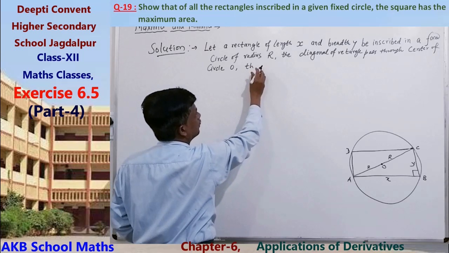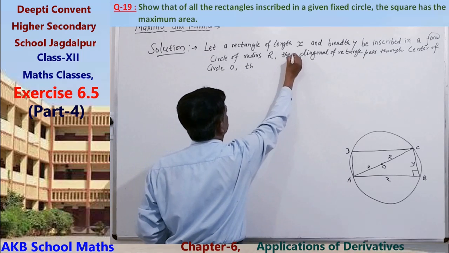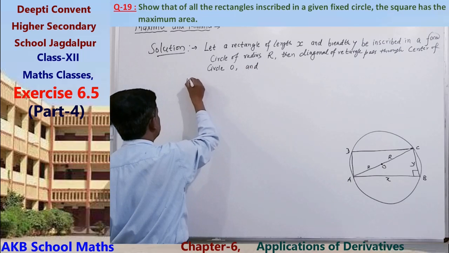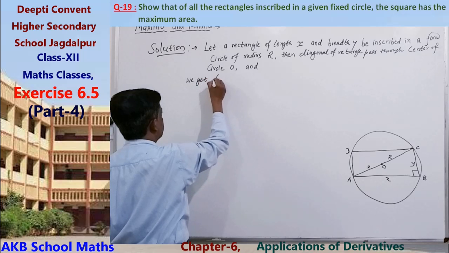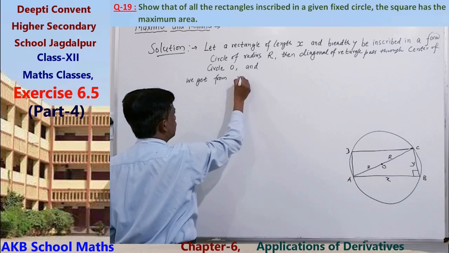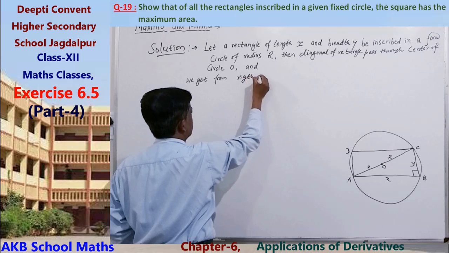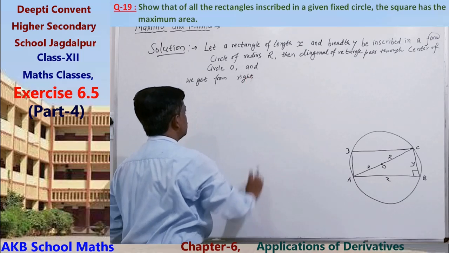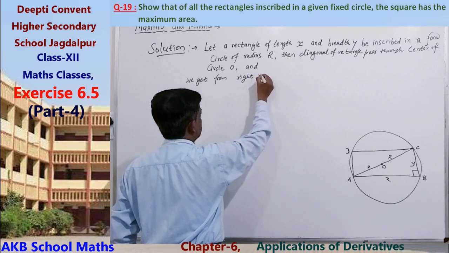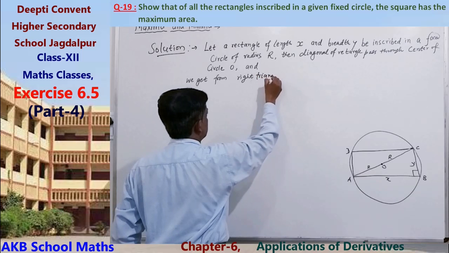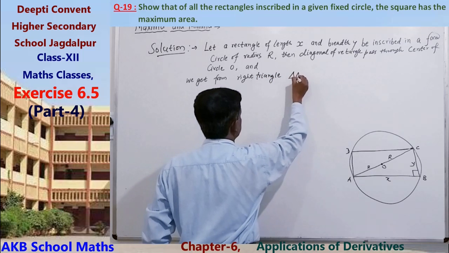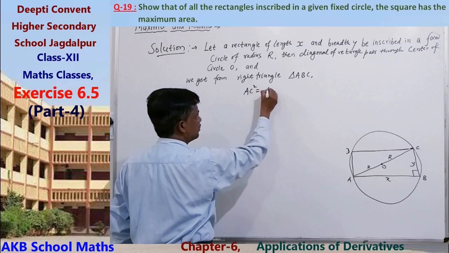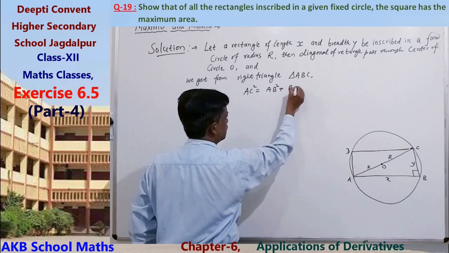Then we get from right triangle ABC, AC square equals AB square plus BC square.